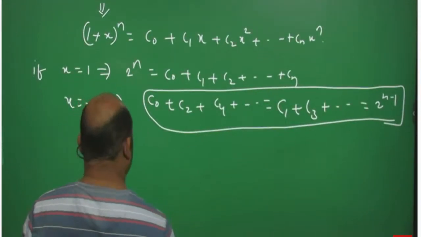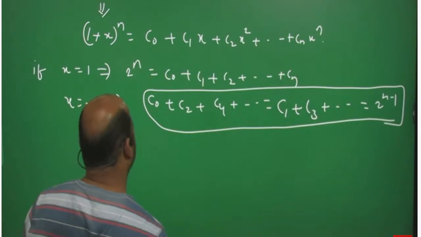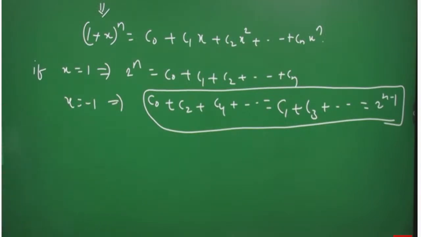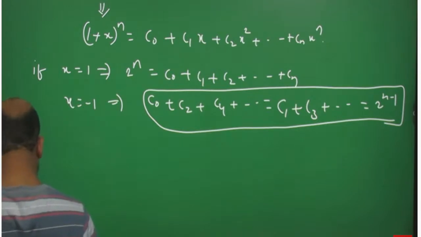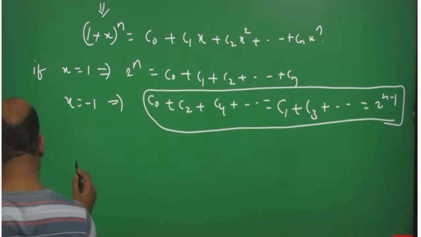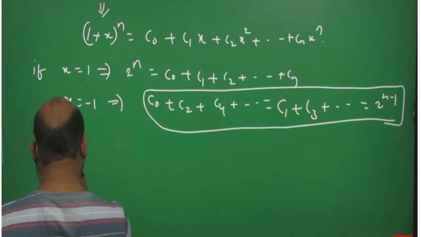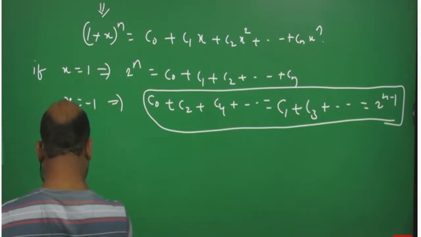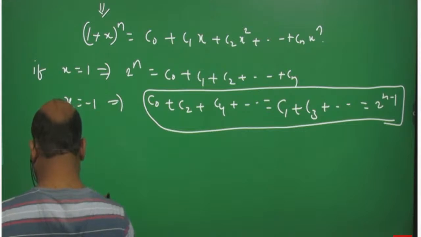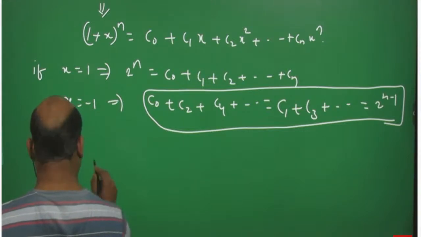So in the binomial coefficients, you will have a lot of concepts which you have to remember. Quickly write it down. One such beautiful thing you have to remember is C0 squared plus C1 squared and so on.